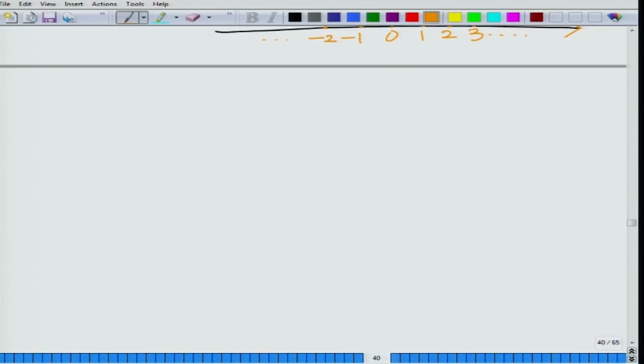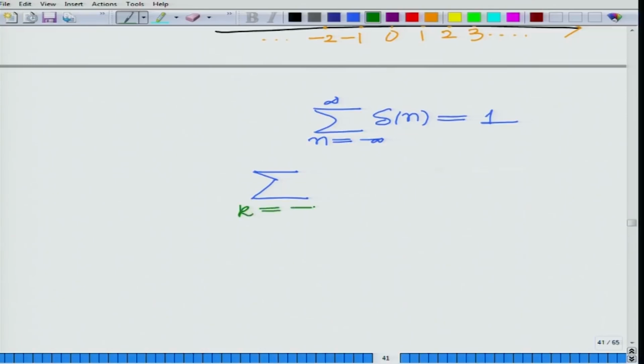All right. And as can be seen, this has also some interesting properties. For instance, if you sum delta n from minus infinity to infinity, this is equal to 1. Further, we can also have the shifting property for this unit impulse function, similar to what we had for the continuous time scenario, that is, the summation for k equal to minus infinity to infinity of x of k delta n minus k equals x of n.